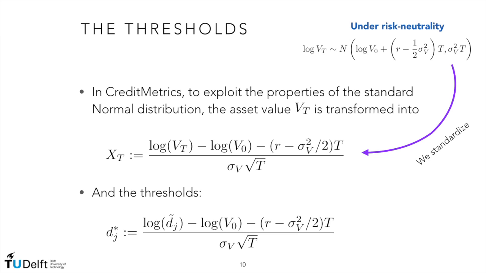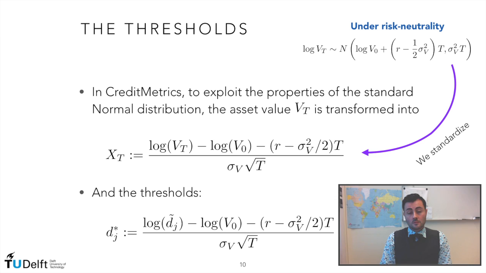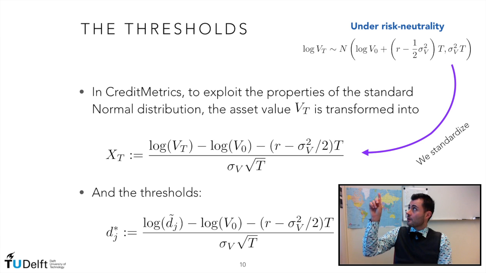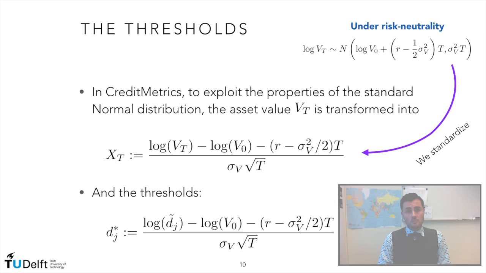Naturally, we can do the same for the thresholds. Notice that the standardized quantity X_T is now following a normal distribution, but a very special one, a standard normal distribution, with mean 0 and variance 1. For what concerns the thresholds, we can now see them as quantiles of a standard normal.